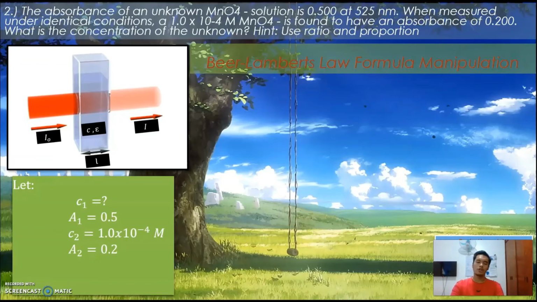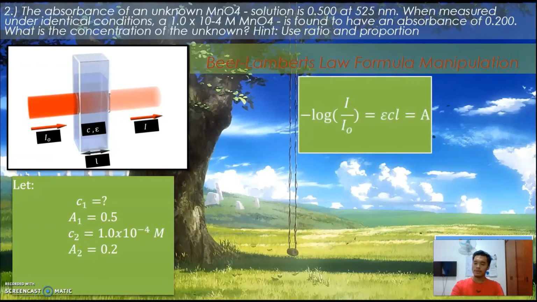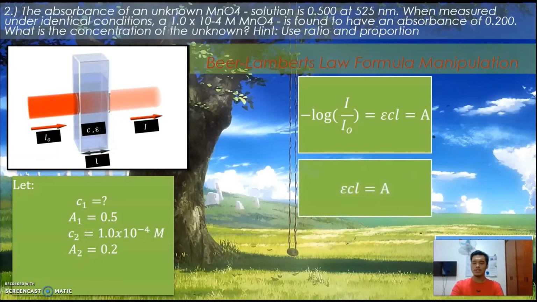We are not given the concentration that gave the absorbance of 0.5. So, as I said again, we do not have I over I0, but we do have C and A. So we can just use epsilon CL equals A. We need to find the relationship between A and C, or the absorbance and the concentration.